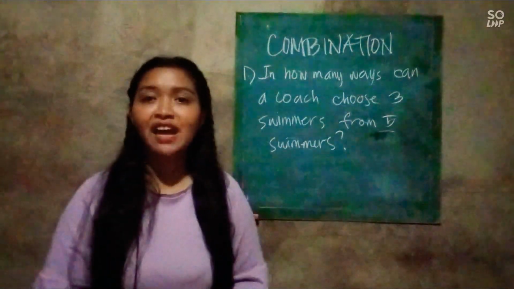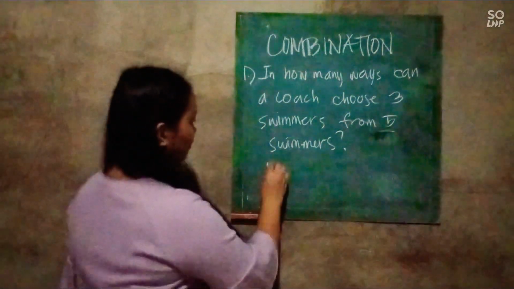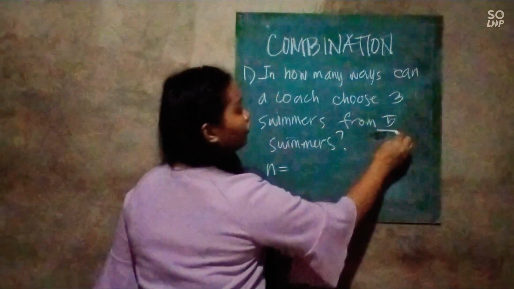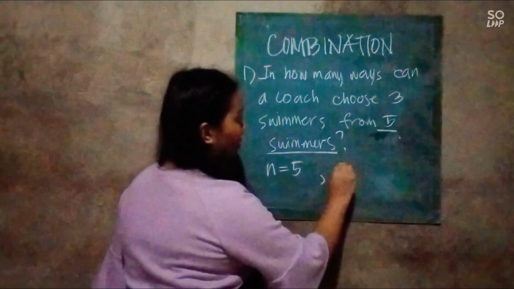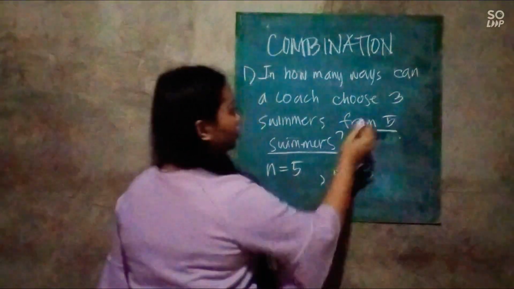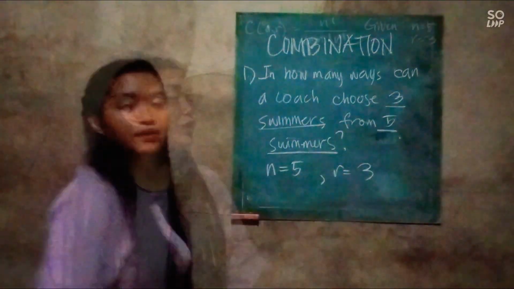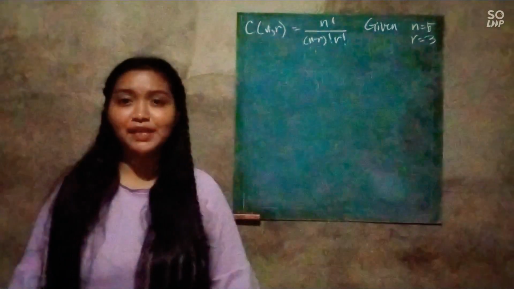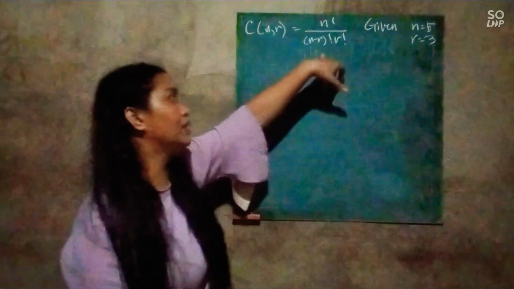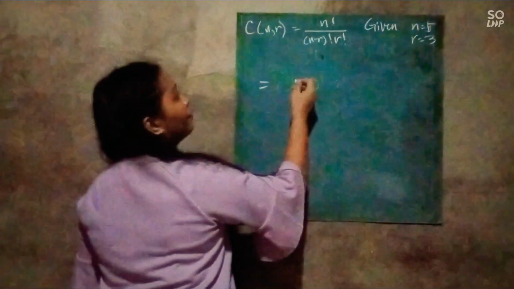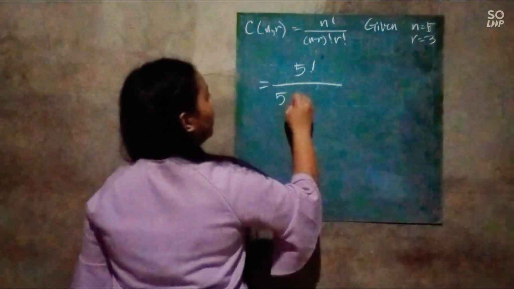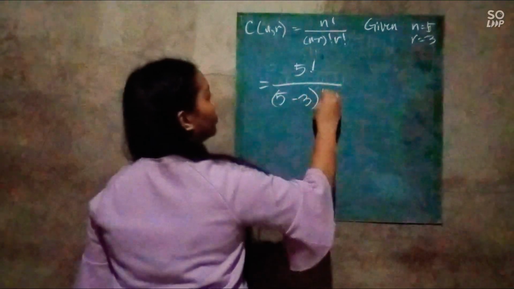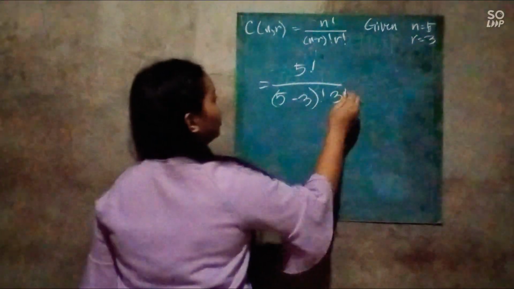So here we have a given of n is equal to 5 swimmers and r is equal to 3 swimmers. Using this formula, we will simply substitute this value from this. So we have 5 factorial all over 5 minus 3 factorial times 3 factorial.